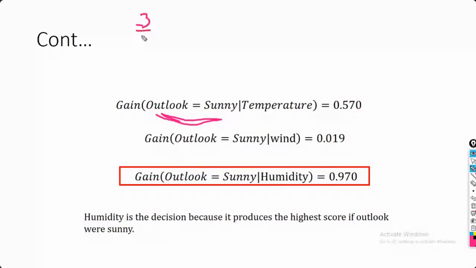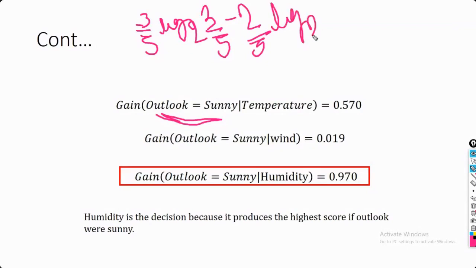It's going to be 3 divided by 5 log base 2 of 3 divided by 5 for the positive class, and for the negative class, 2 divided by 5 log base 2 of 2 divided by 5. For this you will have a value of 0.9704. Now this is your first part.